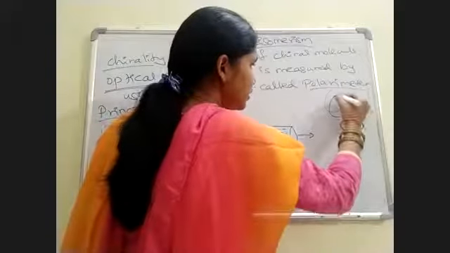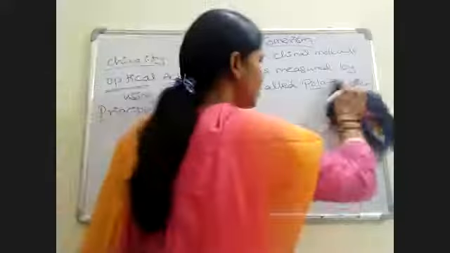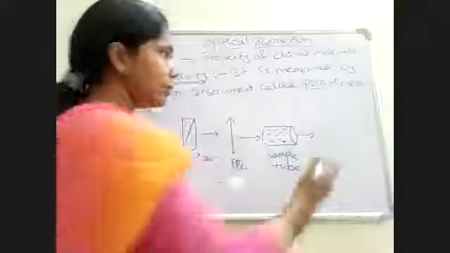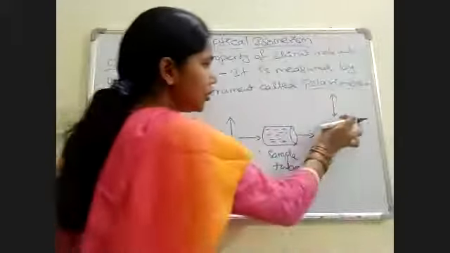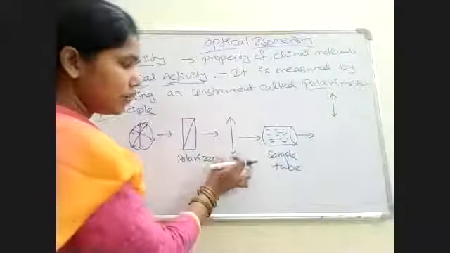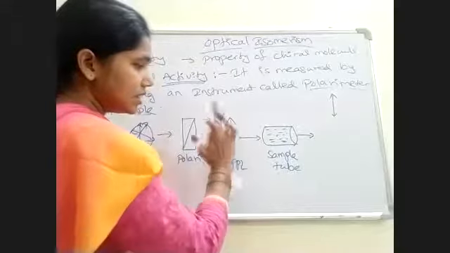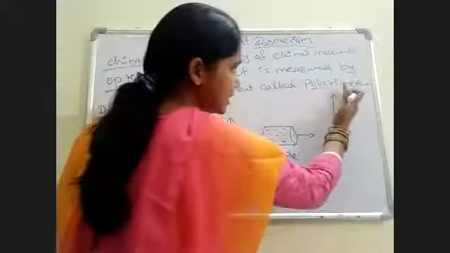First one, the plane polarized light does not show any deflection. So if we pass the plane polarized light in this direction, it comes out as it is, like this.